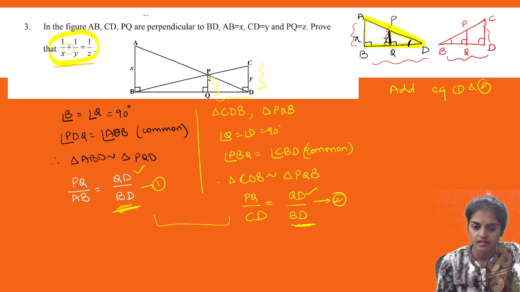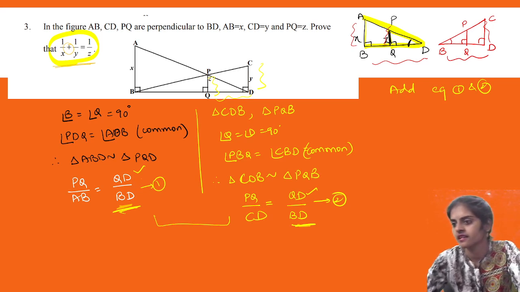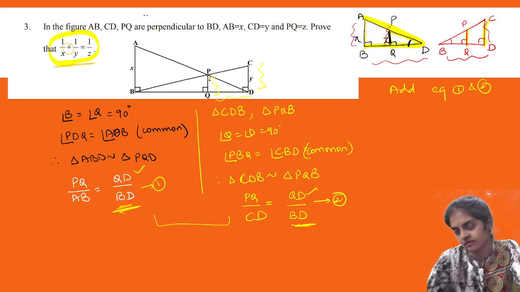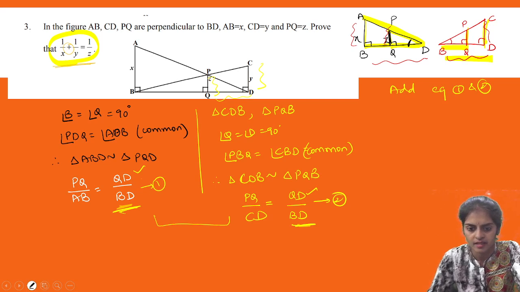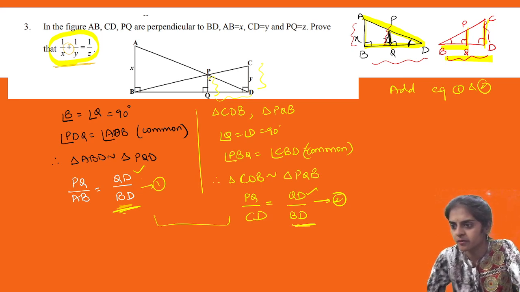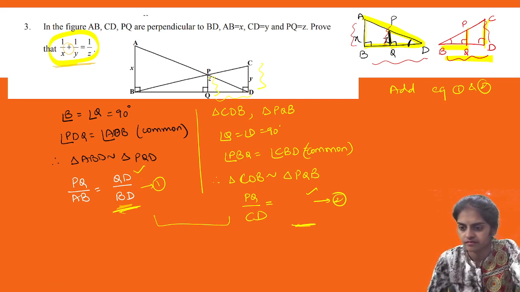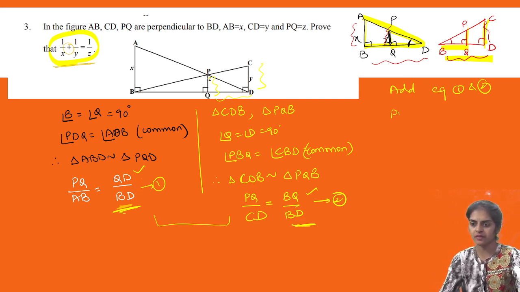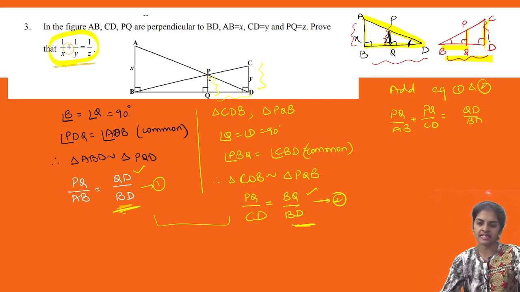See here. So, yes. PQ by this QD will be equal to BQ by BD. Okay, so let me write the same thing here. So PQ by CD will be equal to BQ by BD. Okay, now let us add. So PQ by AB plus PQ by CD is equal to QD by BD plus BQ by BD.